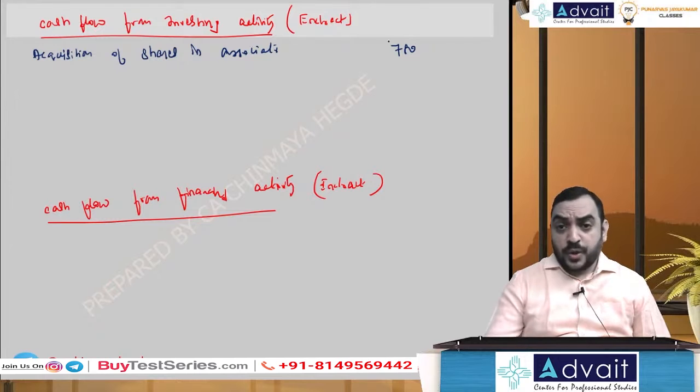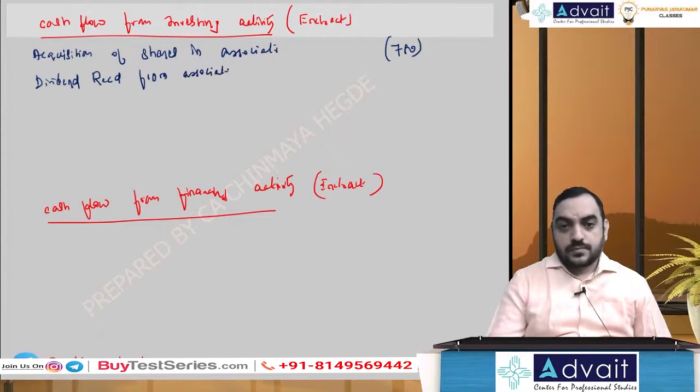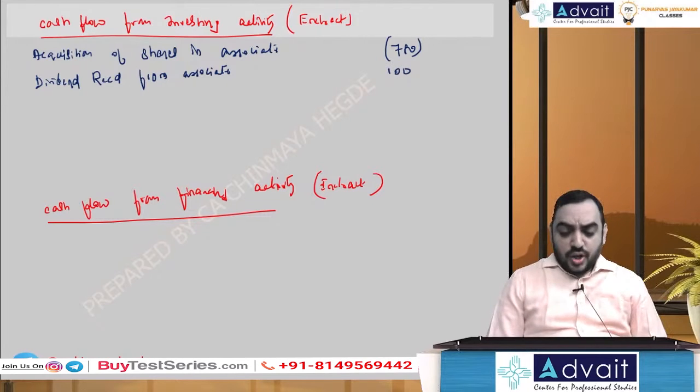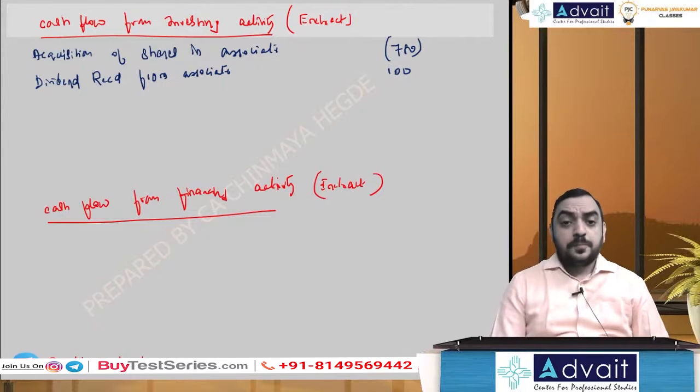Then this is going to be outflow. Dividend received from associate 100. That's going to be inflow. So plus 100. Okay. Then what else you're telling?